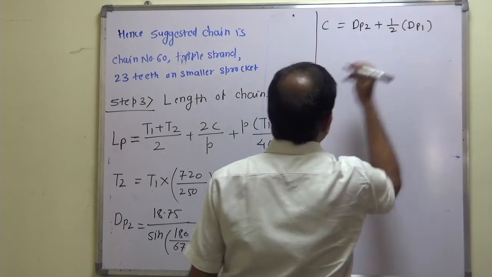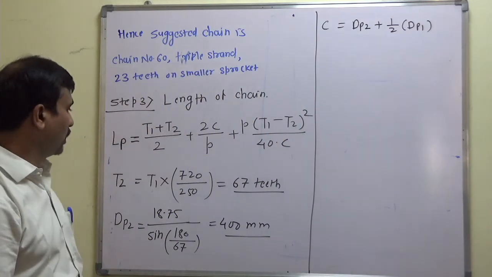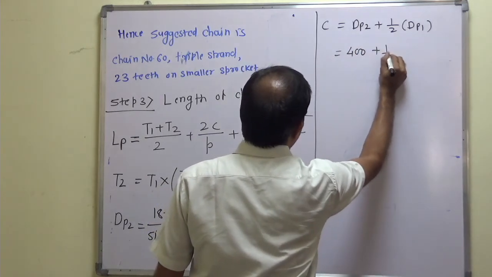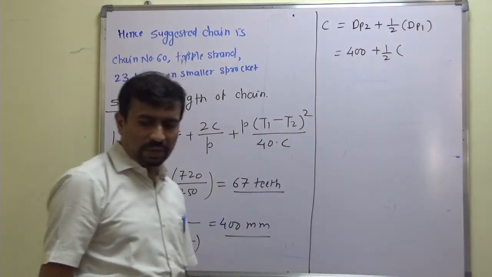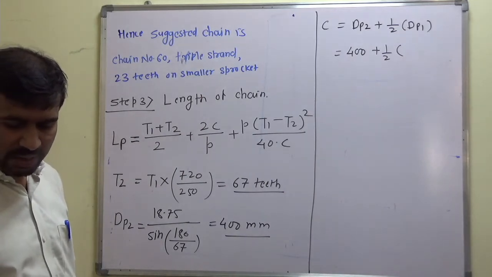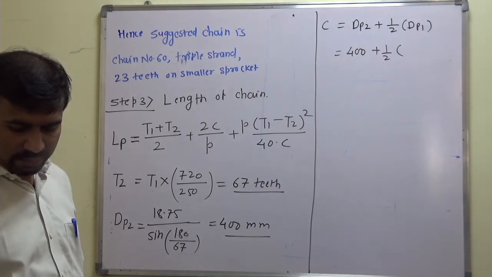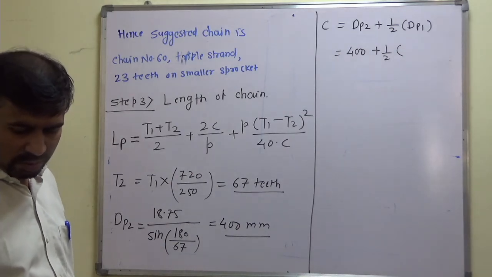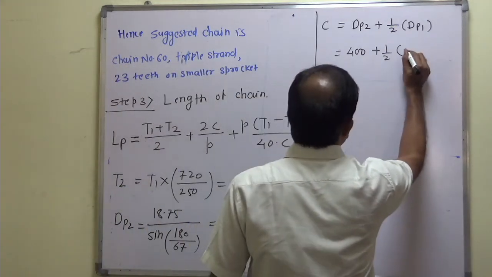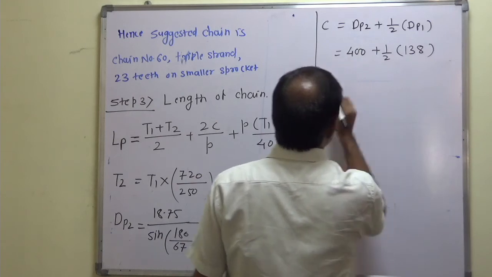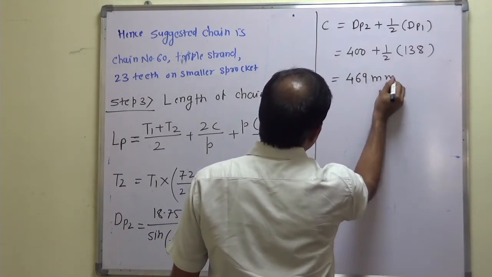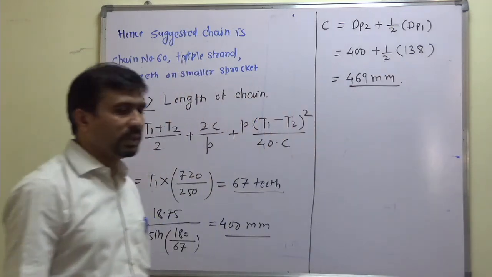That is 400 plus half of dp1, which we calculated earlier for the smaller sprocket. It is approximately 137 point something, so 138 mm. So 469 mm can be the center distance which we can take.